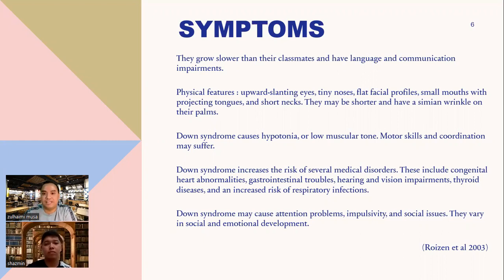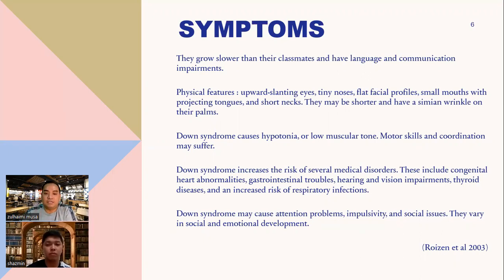Their nose will be tiny, and they have a flat facial profile. They also have a very small mouth with a protruding tongue, and a short neck. In physical appearance also, they may be shorter, and they usually have a simian crease on their palm.